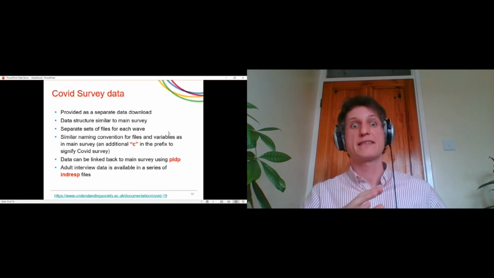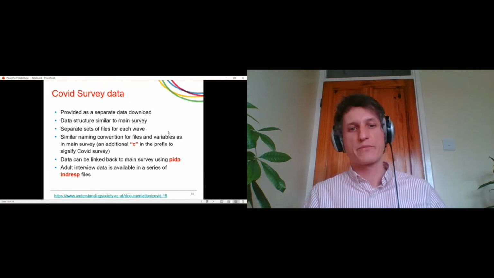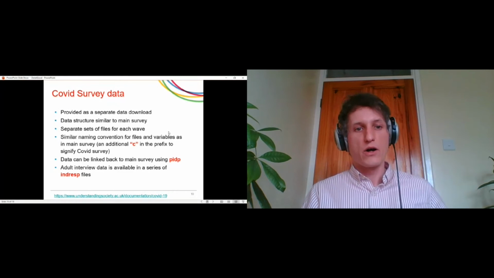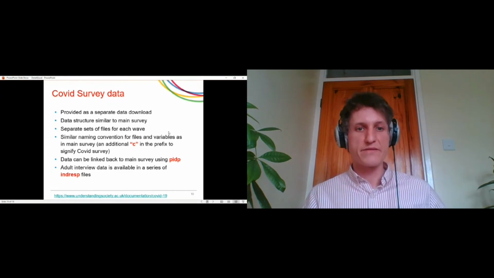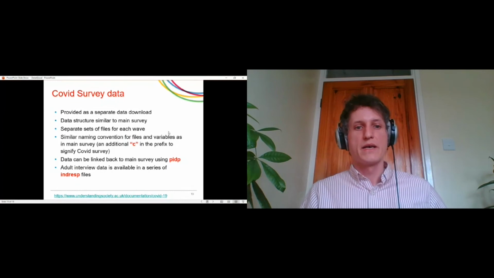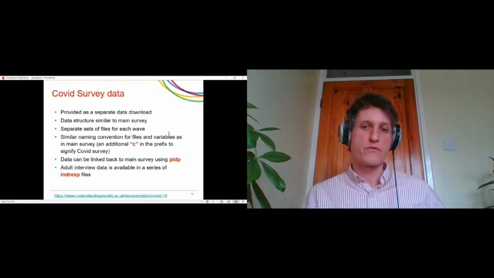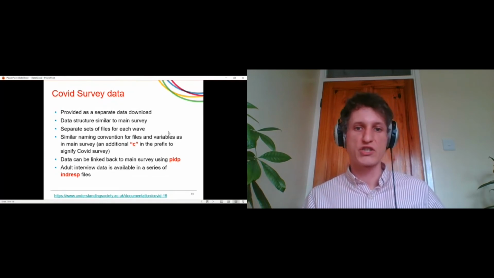However, it is a separate data download because it is a separate questionnaire and a separate study in a way. But the data structure is still similar to our main survey. There are separate files for each wave, and for each wave there is more than one file. There is a similar naming convention for files and variables as well. It's just that there is an additional C in the prefix to signify that it's a COVID survey.